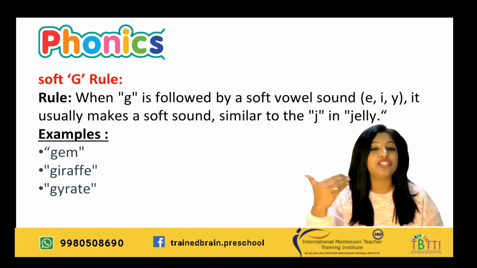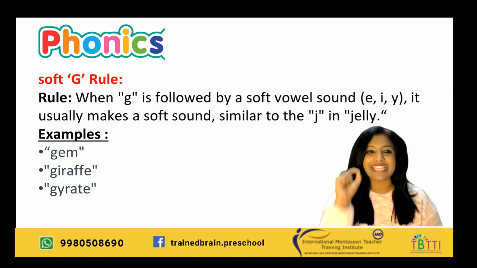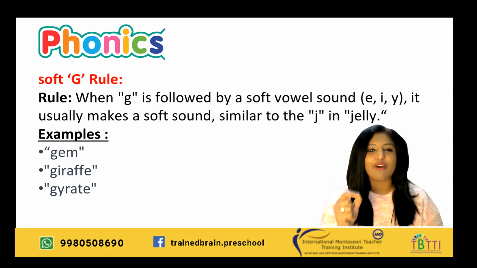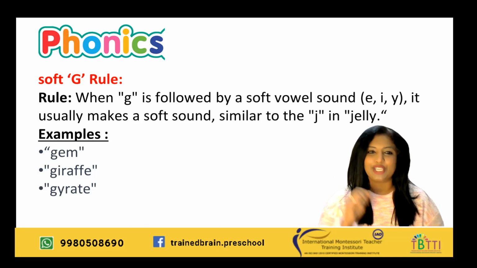So when you hear the J sound, that's the soft G, because I have my vowels E, I, and Y after my letter G. So when the letter G is followed by a soft vowel sound of E, I, and Y, it usually makes a soft sound, that is J.